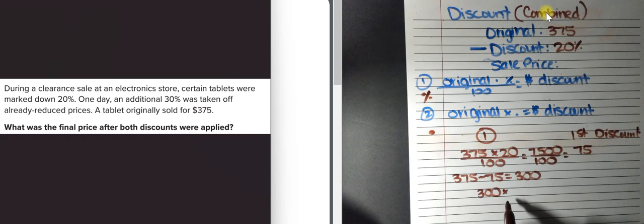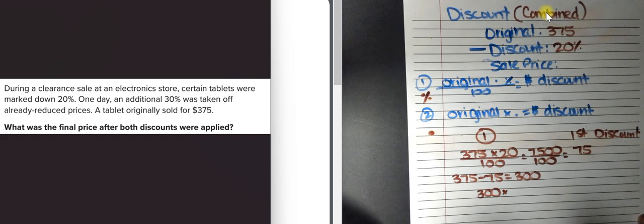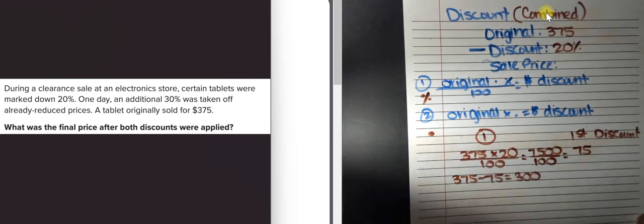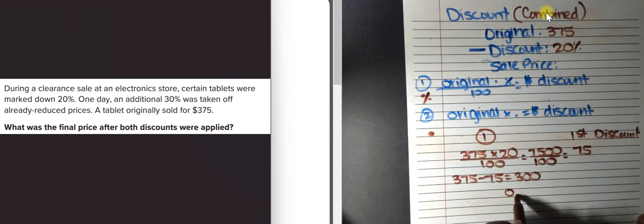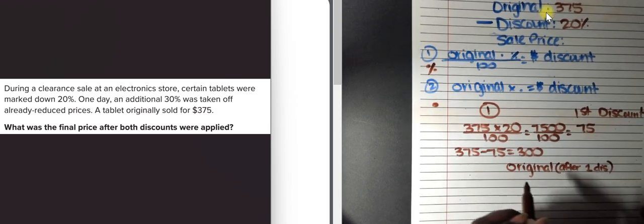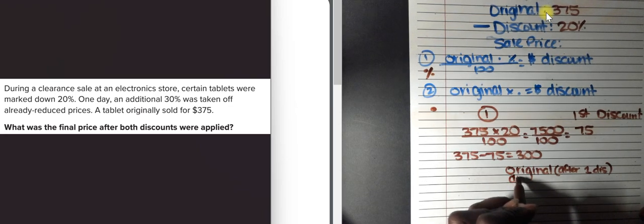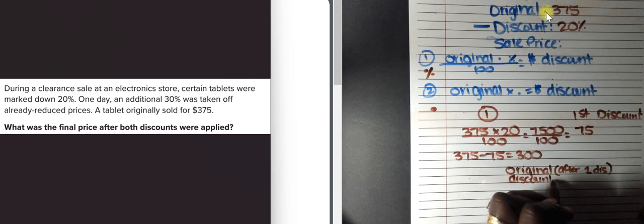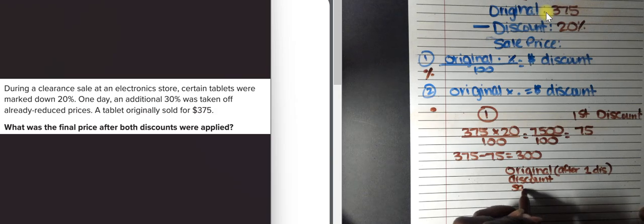So now it's 300. In fact, let me make this a little bit clearer this way. So put the original. This is our new original price, right? After the first discount. After one discount. And then we're going to have our discount. And then you'll have the sale price.